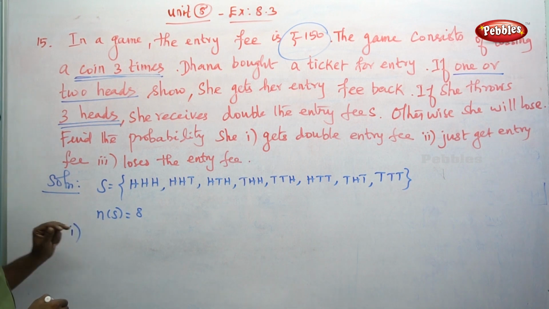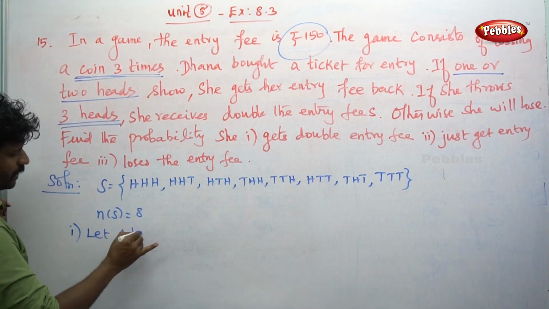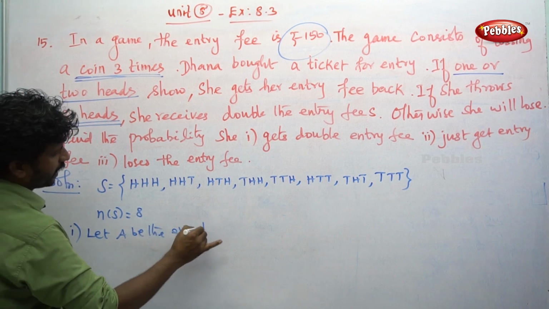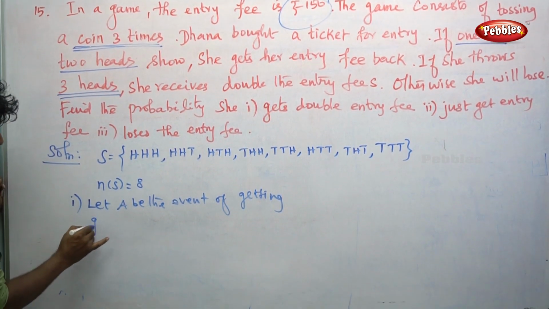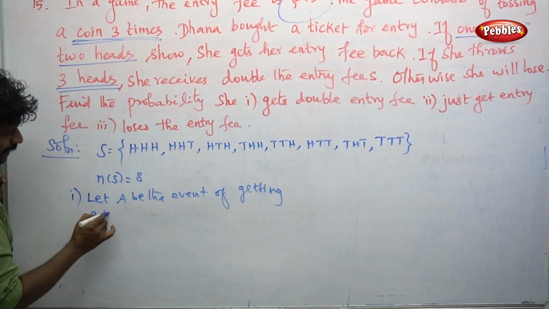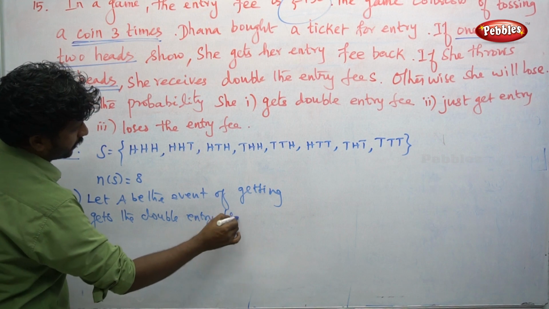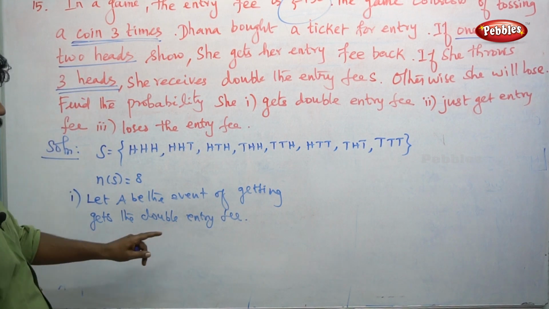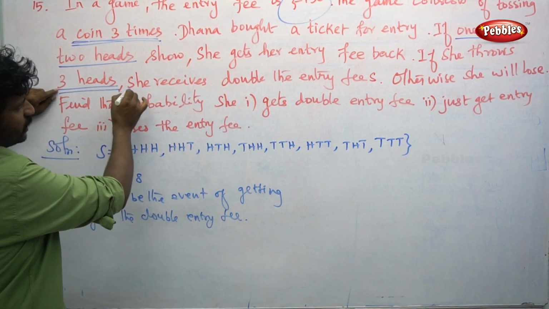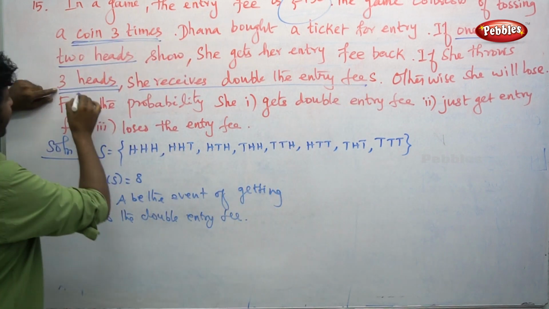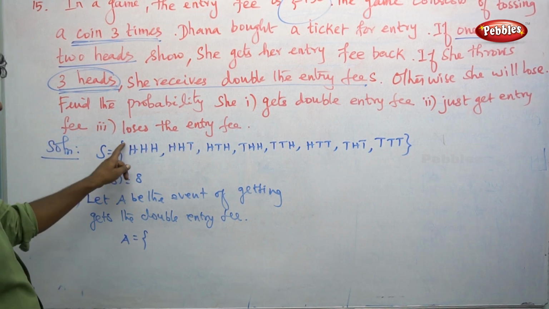So first என்ன கொடுத்துருக்கு பாருங்கள், gets double entry fee. So let A be the event of getting double entry fee, right? என்ன சொல்லிருக்கு பாருங்க, double entry fee எங்க இருக்கு பாருங்க questions-ல, right? 3 heads she receives double the entry fees. அப்படின்னா எத்தனை heads-ன்னு கொடுத்துருக்கு? 3 heads. அதுதான் நம்ம இங்கே set-ஆக எழுத போகிறோம். இப்போ 3 heads எங்கே வருது பாருங்கள், இதில் மட்டும்தான் வரும்.